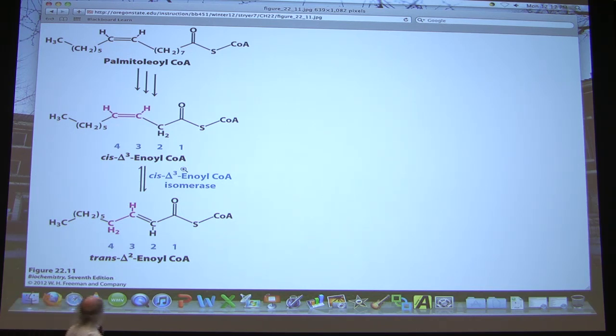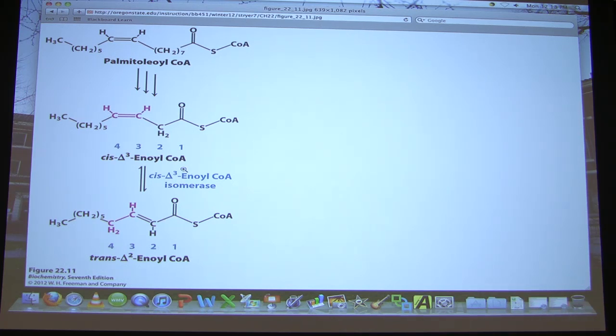It simply moves the double bond from position 3 and 4 in the cis to positions 2 and 3 in the trans. Bang! One enzyme. And this guy now can go through the rest of beta oxidation without problem, because the next thing that's going to happen to this guy is going to be what? Addition of water, right? So it'll have water across this, and we'll continue along the process. It'll be oxidized just fine, and everybody's fine and dandy.